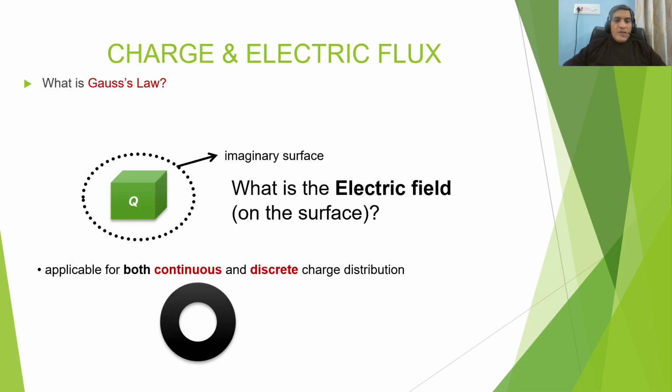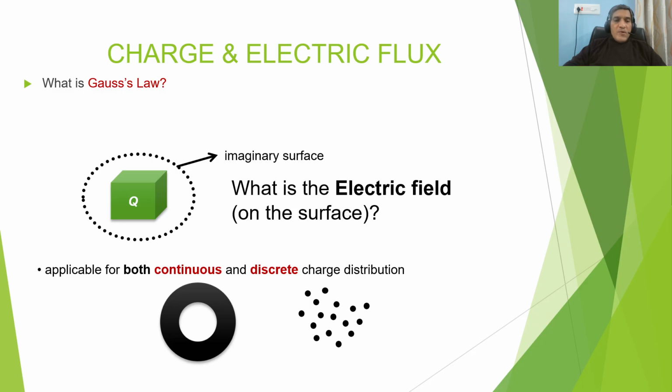Before we start with what Gauss law is and what the physics behind it is, we have to discuss the different types of charges. Charges are in two forms: continuous and discrete.